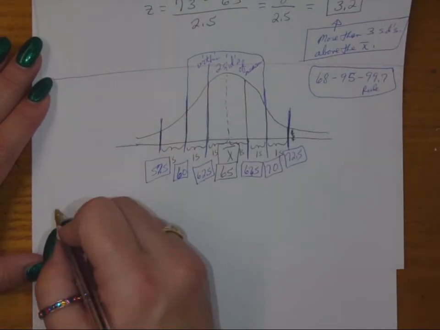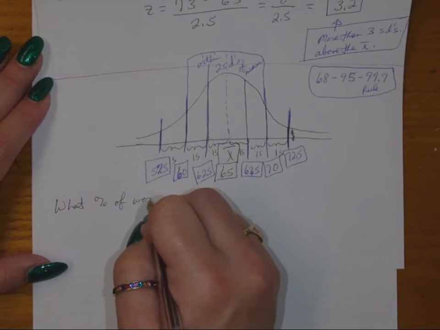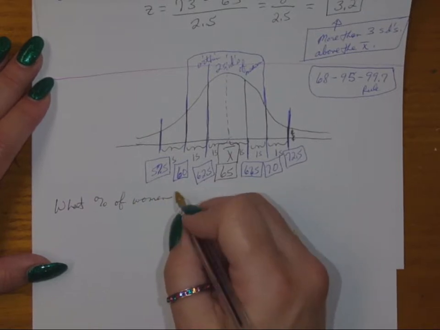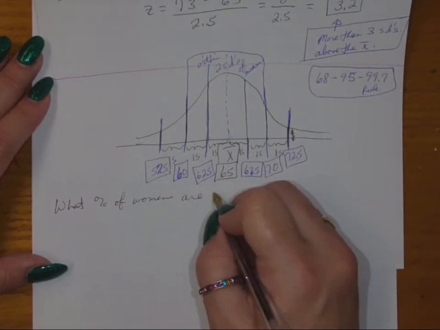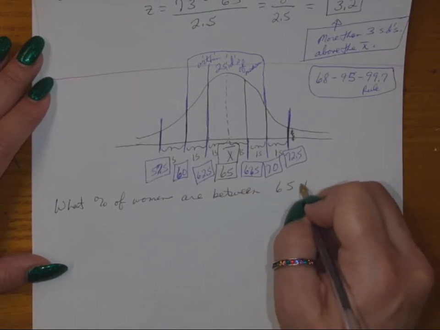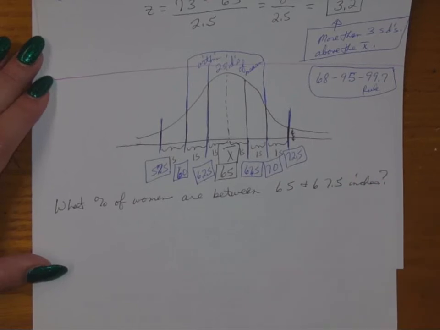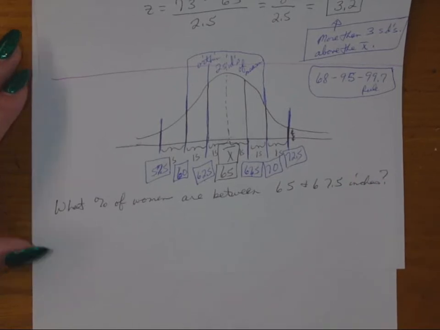So it says, what percentage of women are between 65 and 67.5 inches, according to this particular model that we have going.